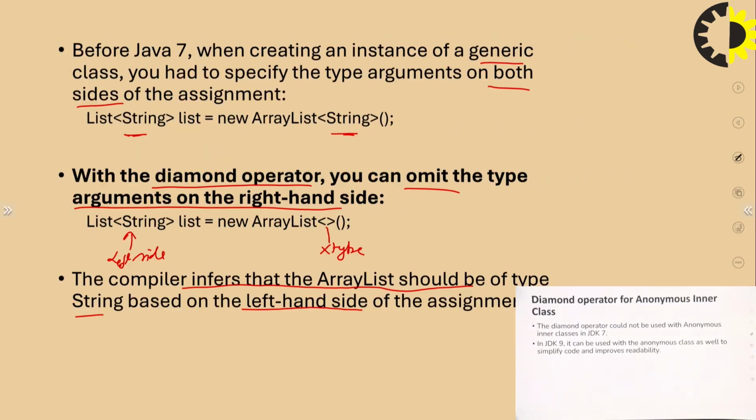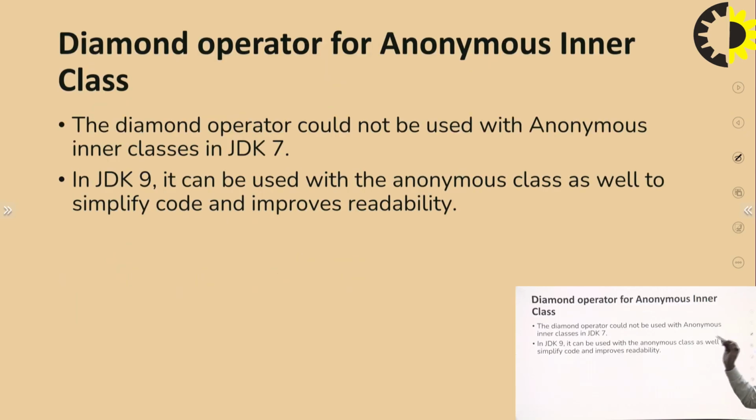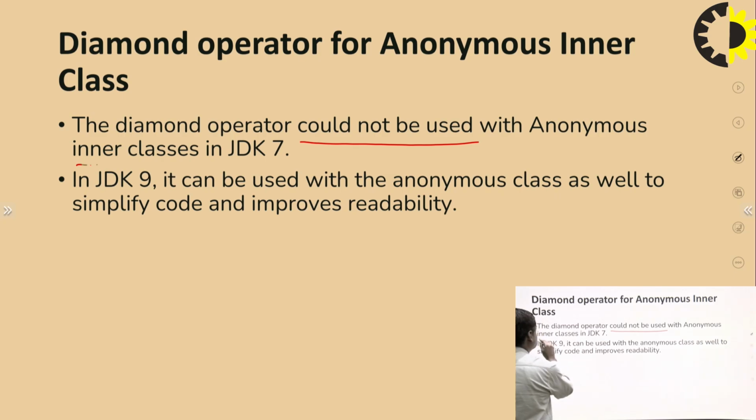Next, I discussed what the diamond operator is and what the anonymous inner class is. Then we are going to discuss the use of the diamond operator in an anonymous inner class. The diamond operator could not be used with an anonymous inner class in JDK 7.